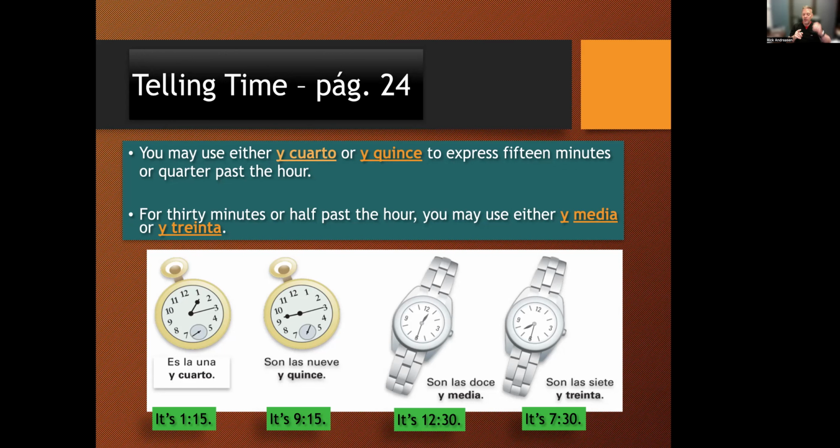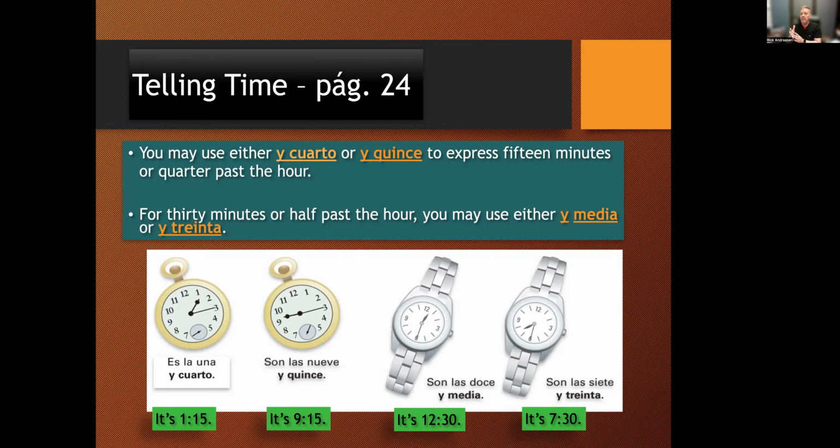Okay, what I want you to do this time is to look at those 4 examples across the bottom and use the other one. So for example, the first one says, es la 1:15. What's the other way of saying that in Spanish? Think about that for a second. Could be es la 1 y cuarto. The second one, son las 9:15. What's the other way of saying that? Son las 9 y cuarto.